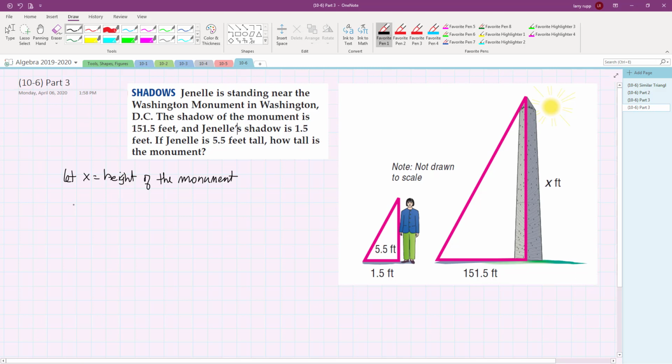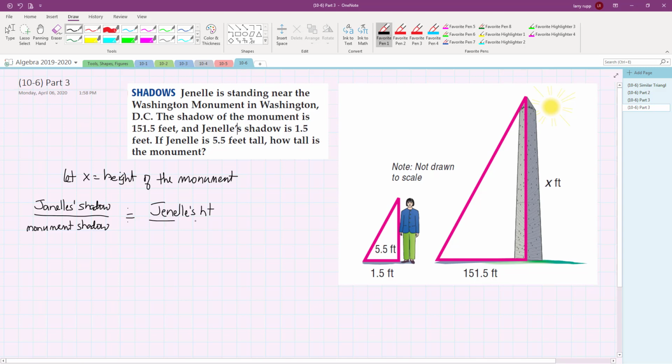All right, and so we just set our equation up, okay? Let's let Janelle's shadow over the monument shadow equal Janelle's height. Oh, I spelled her name wrong, sorry.